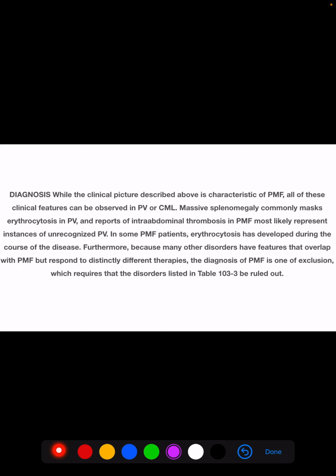Diagnosis. While the clinical picture described above is characteristic of primary myelofibrosis, all of these clinical features can be observed in polycythemia vera or chronic myeloid leukemia. Massive splenomegaly can commonly mask erythrocytosis in polycythemia vera, and reports of intra-abdominal thrombosis in primary myelofibrosis most likely represent instances of unrecognized polycythemia vera.